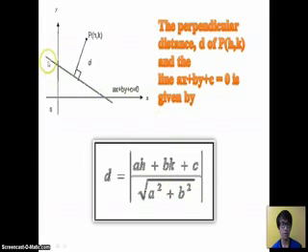It usually involves a straight line and also a 90 degrees line. P has coordinates h, k, and the line is Ax plus By plus C equals 0.